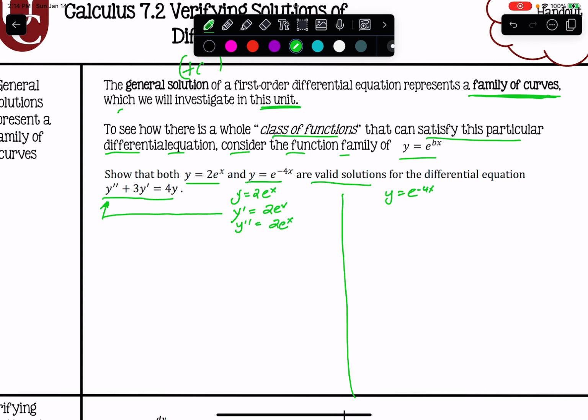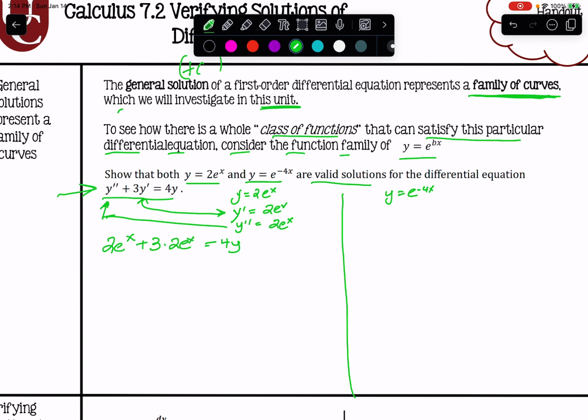So if I'm substituting everything back in, this one goes to the second derivative, and this one goes to the first derivative. We just have to make sure that this statement is true when we put all that in. So y prime prime was 2e to the x plus 3 times y prime, that was 2e to the x, and that's equal to 4y.